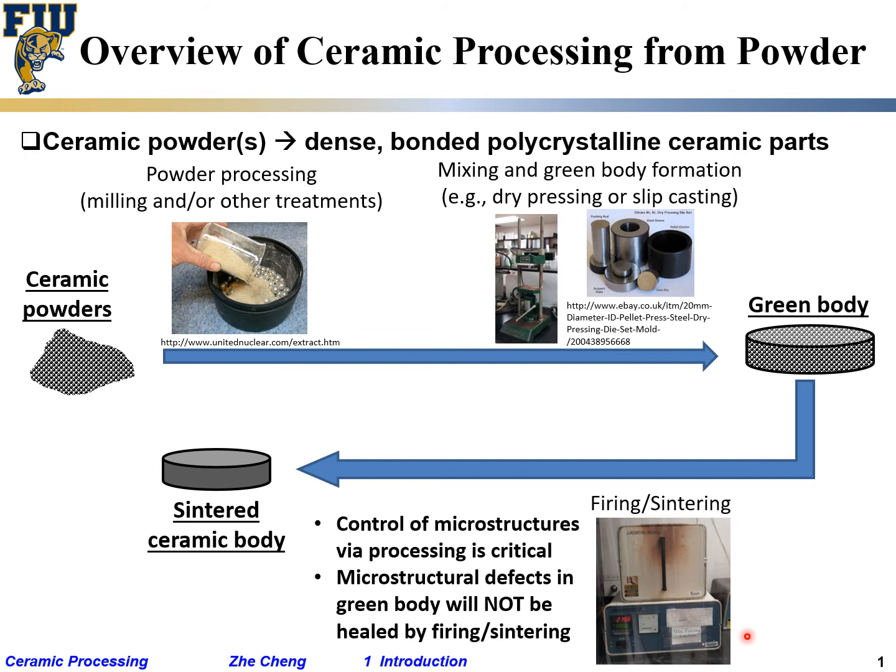Become larger. I cannot mitigate that crack between those two layers by sintering, by firing. Whatever defects you have in the green body, you can make it worse. You can make it larger. You can make it more obvious by firing. You don't remedy whatever defects you created when you make the so-called green body. Make sense? So which means from powder to green body, you actually have to be extremely careful in a certain way. Okay?